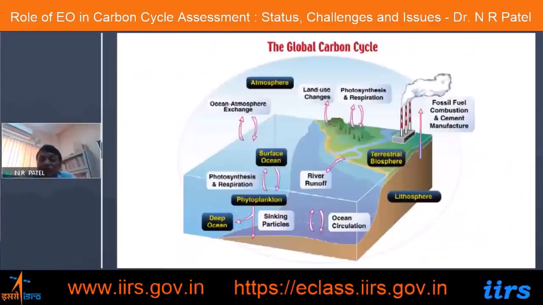Particularly if we look at fossil fuel, that is around 6.4 petagram carbon. If we subtract the 3.2 carbon sink by ocean and land, it is still 3.2 petagram carbon added to the atmosphere every year in the 1990s.